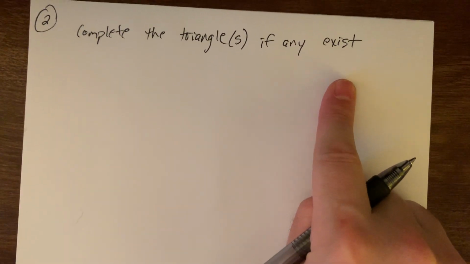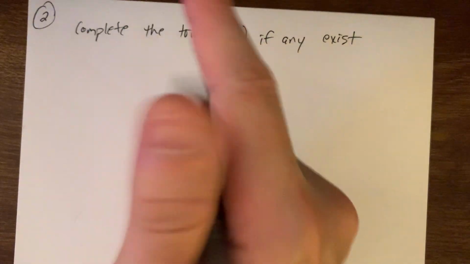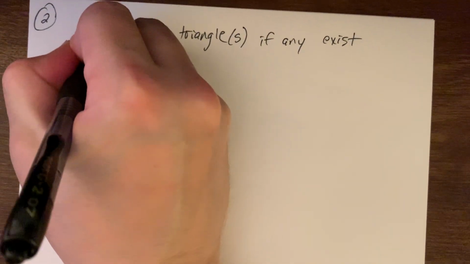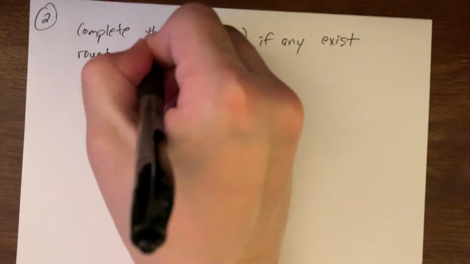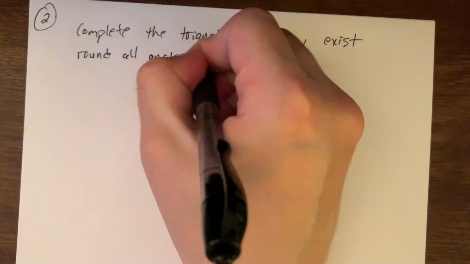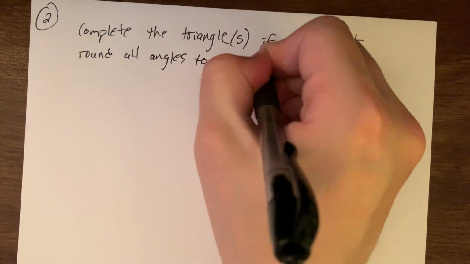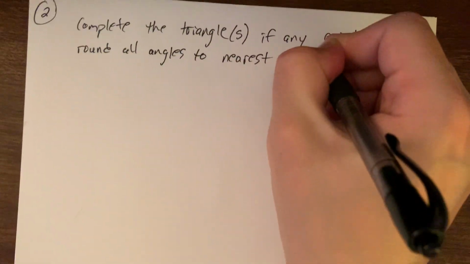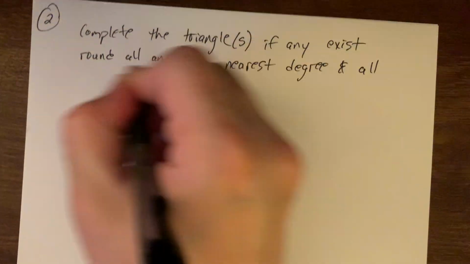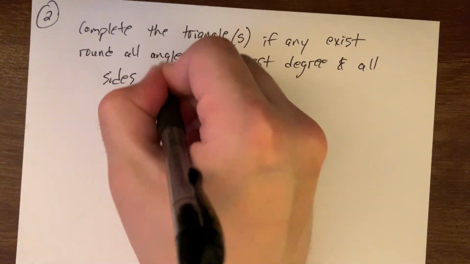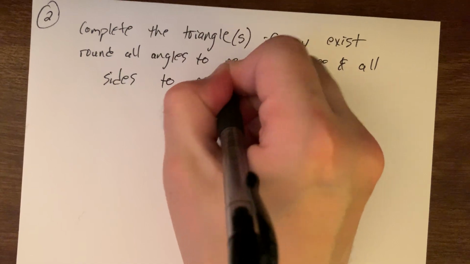But I'm still basically focused on complete the triangles, and we'll still round all angles to the nearest degree and all sides to the nearest tenth.